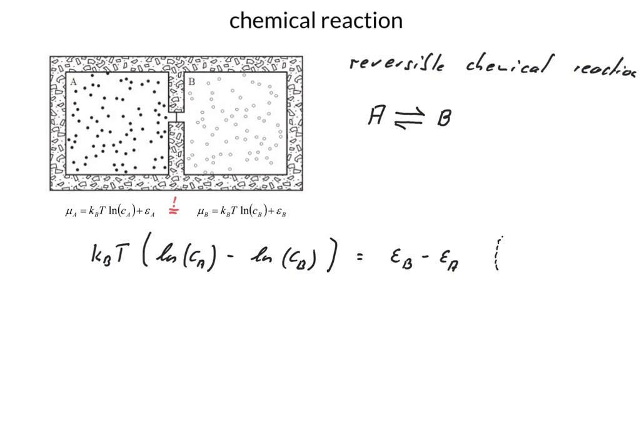Hence, this is equal to the difference in chemical energies of particle B and particle A, epsilon B minus epsilon A.